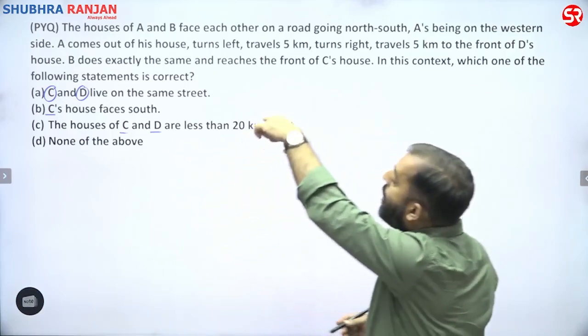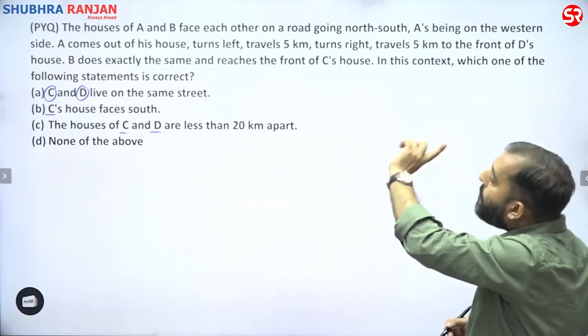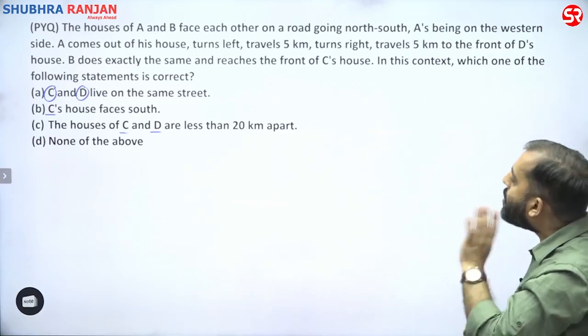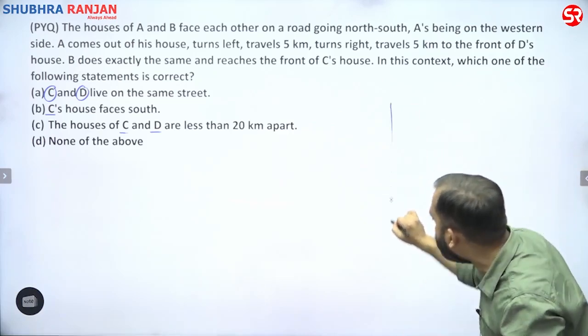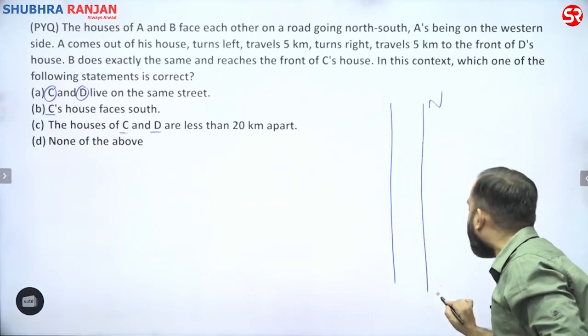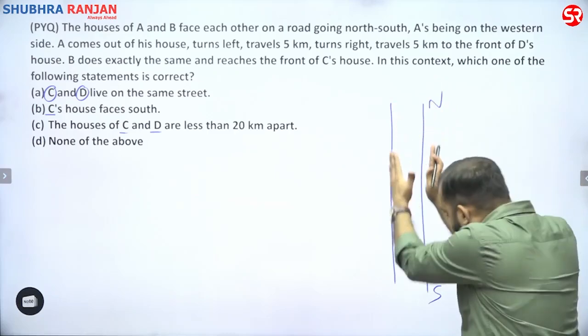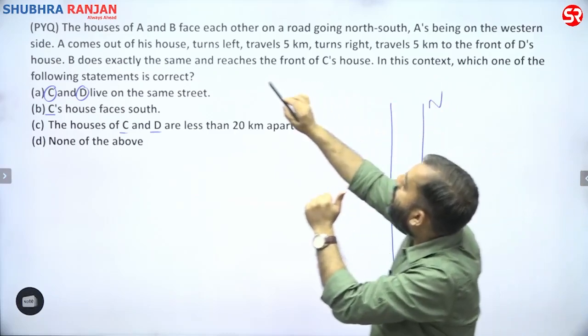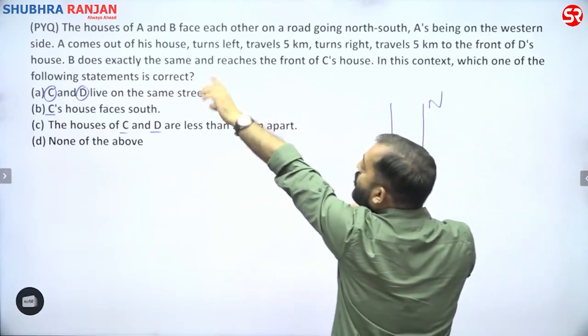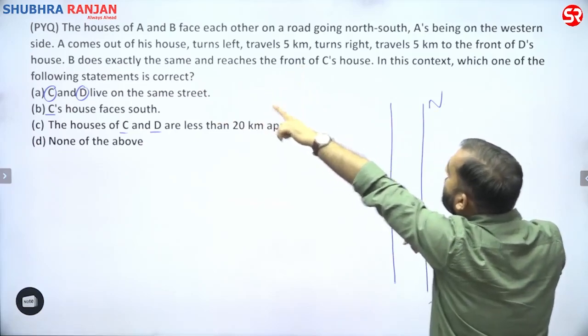Now read the question. The houses of A and B face each other on a road going north-south. So there is a road and this road is going north-south. And on the opposite sides of this road, houses of A and B are there and they are facing each other.